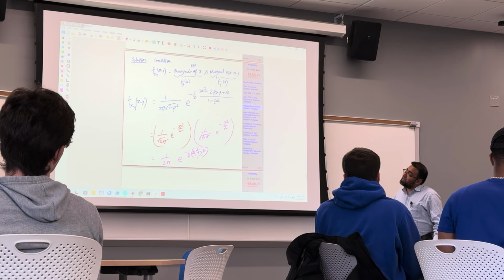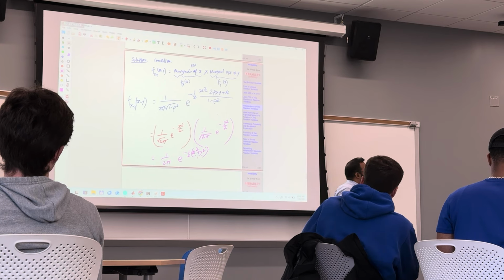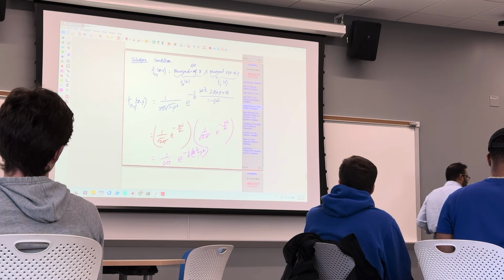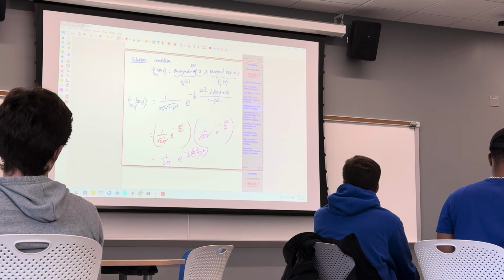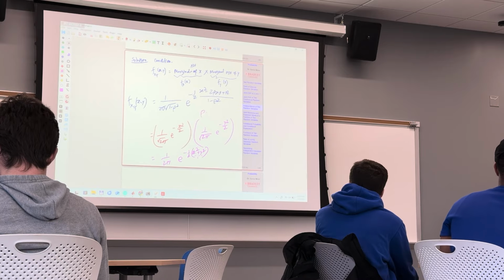But we can actually make it equal, because the example problem asks under what condition. So we can make this equal if and only if rho equals 0.